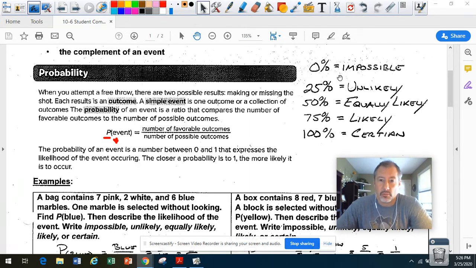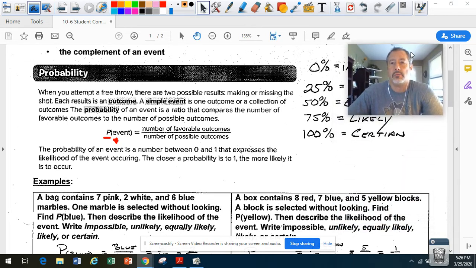Well, that's impossible because there is not a 7 on a number cube. If we get a 25% chance, that means we consider that unlikely. If there's a 50% chance of getting it, that means we consider it equally likely. 75%, we are around the likely area. In 100%, that means, hey, it is certain, we are definitely going to get that.